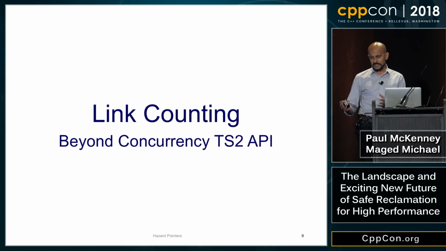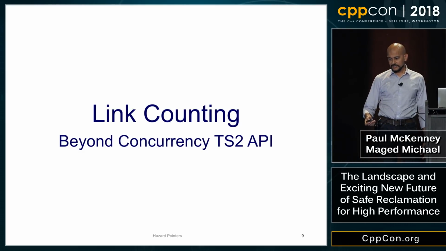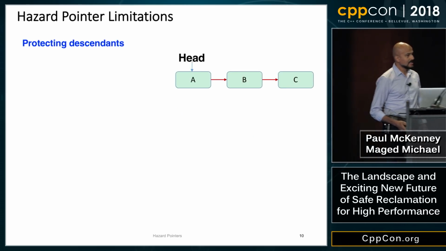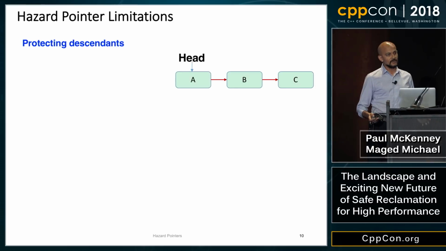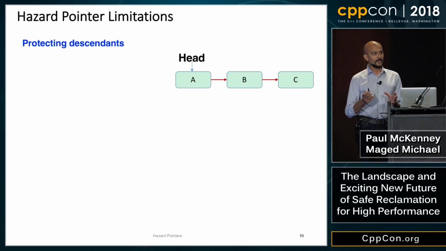So one of the biggest topics that we actually studied and added is link counting and integrating it with hazard pointers. So here are some motivating examples. There are limitations of that interface that I showed already. We protect single objects.